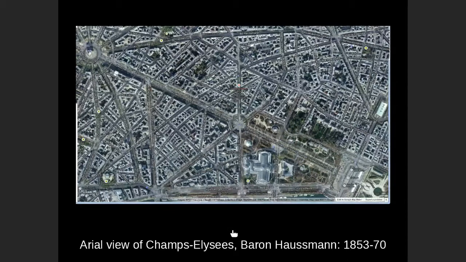You're not constantly making twists and turns, getting lost, having to deal with the turning radius of carriages and so forth. So this creates a city that visually links all these great monuments, some of which get built later, but it also links different neighborhoods of the city together.